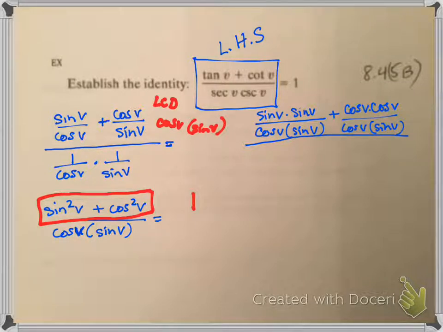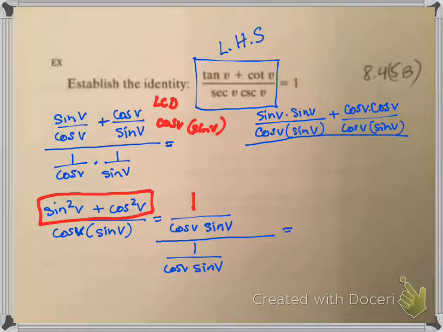So I have 1 over cosine v times sine v. Okay, so that's the numerator. Now, I'm going to work on the denominator. So the denominator is 1 over cosine v sine v. Okay, this is shaping up nice because when I rewrite this as a multiplication problem, I take the reciprocal of the denominator.